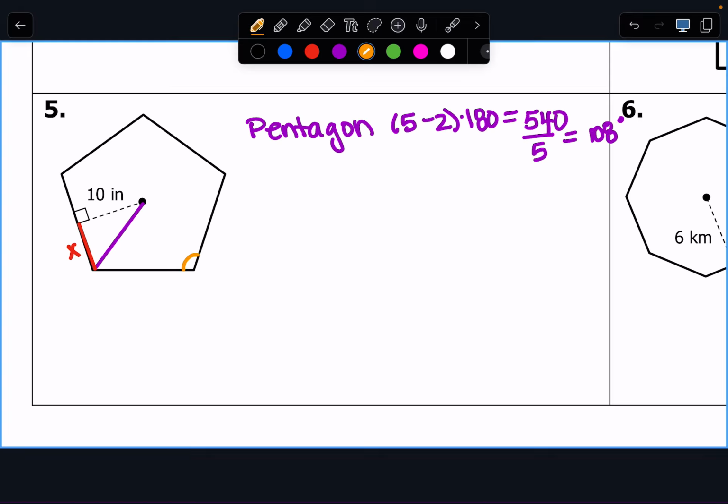So each of these are 108 degrees, which means this angle right here is 54 degrees. Now, is that a special right triangle? No. Some of you are working ahead. I want you to be a little careful with that.